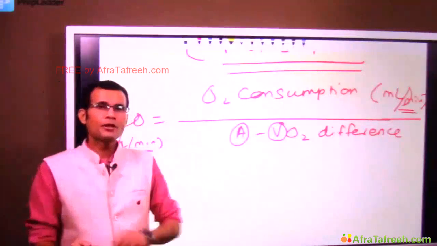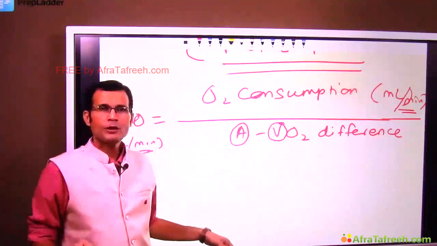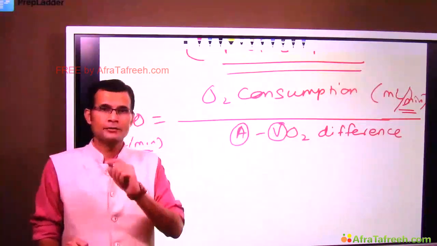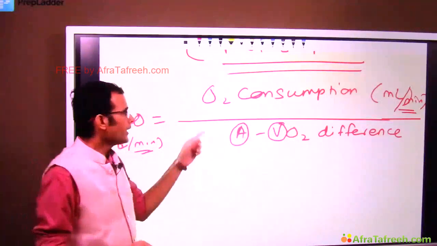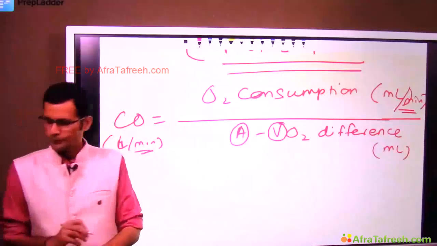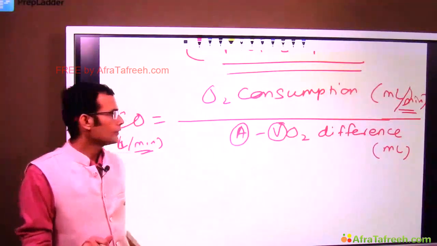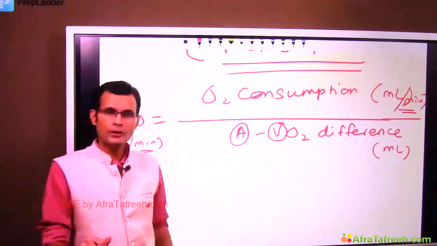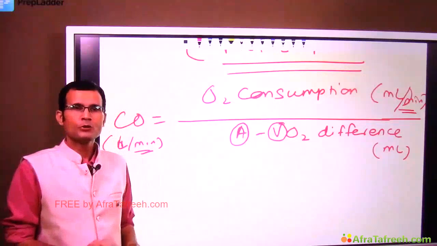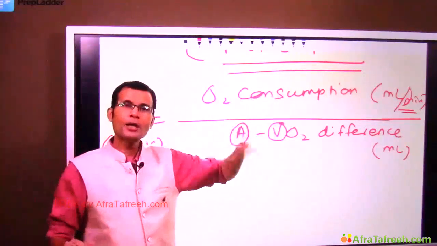And the second point is, they cannot be same values, because numerator is ml per minute by the entire body and denominator is only ml. I mean, arterial oxygen level, venous oxygen level, and the difference between the two. So it will be only ml. Whereas numerator is ml per minute.